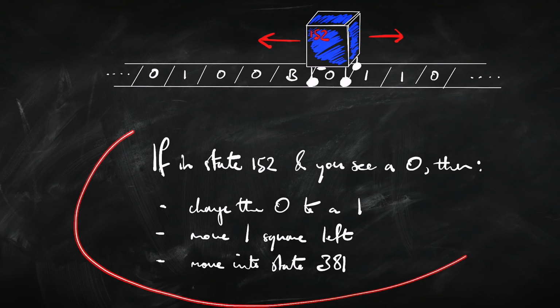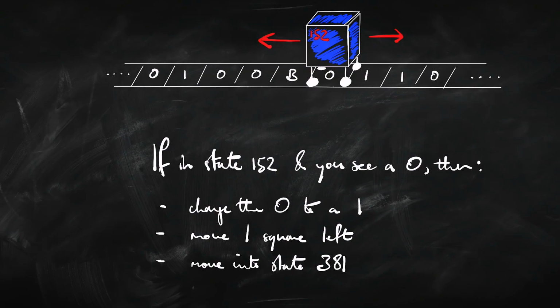Okay, so what does this machine do? It has a program. And the program has a number of instructions in it, and they're basically super simple. They say things like this. If you're in state number 152 and you're looking at a 0, then do the following things. Maybe you're going to change the 0 to a 1. So the Turing machine, it can rub out and write new symbols on the tape.